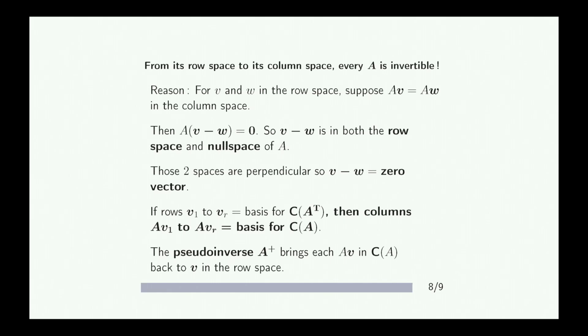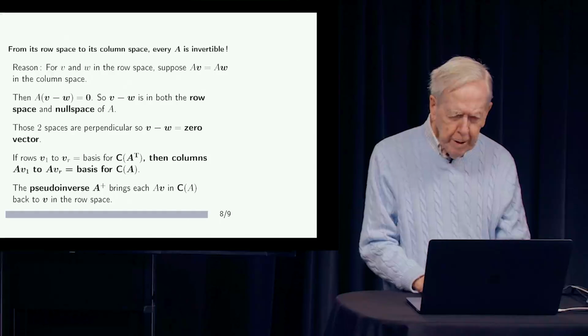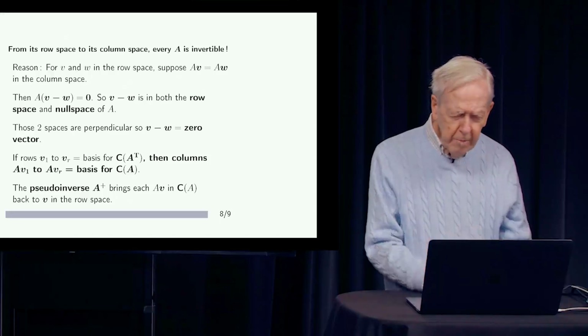And I give a proof that you don't need. But that's the sign of an invertible matrix, when all different vectors here go to different vectors here. And that's from row space to column space.